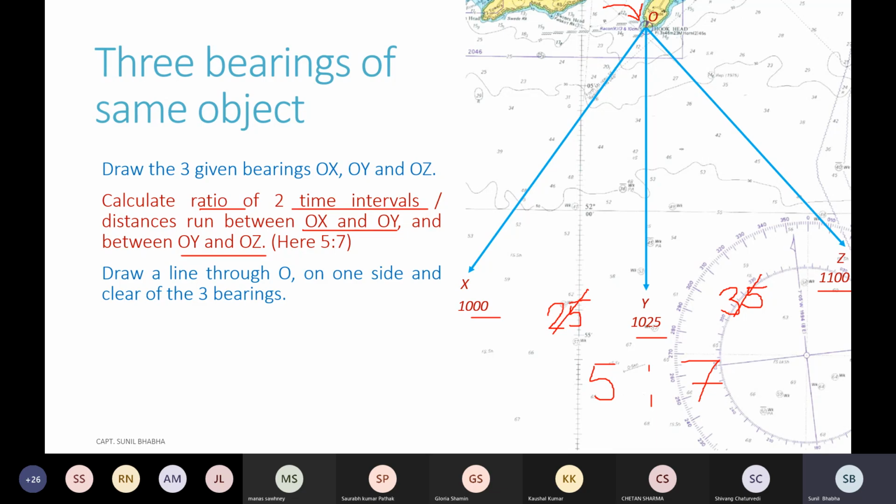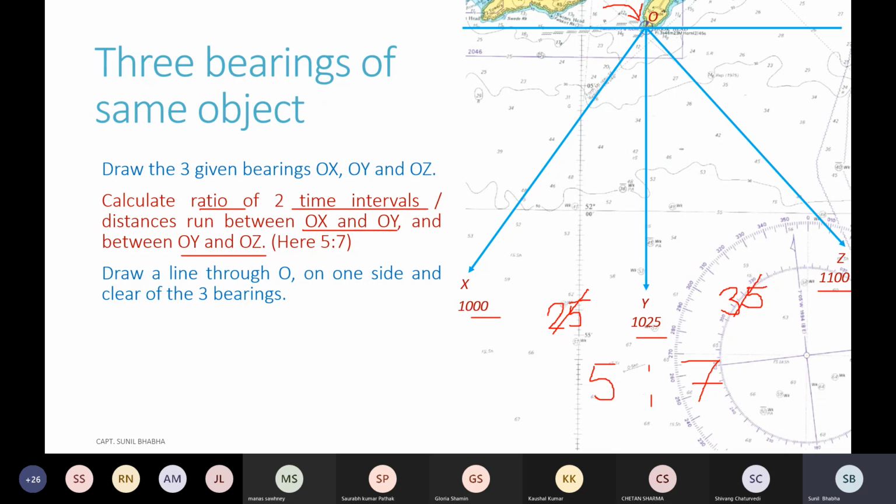Now we have to draw a line through object O, in this case the hook head lighthouse. Now this line should be drawn in such a way that it is clear of all the three bearings. And also make sure that all the three bearing lines are on one side of this line.